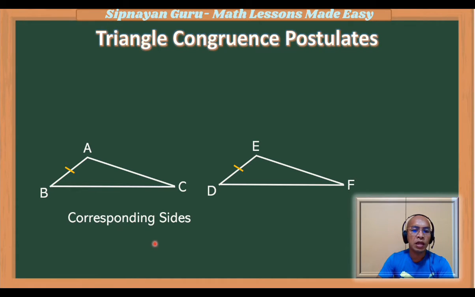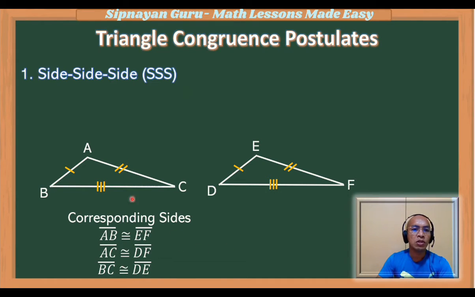Also we have AC congruent to EF. And thirdly, we have segment BC congruent to segment DF. So this illustrates the side postulate.